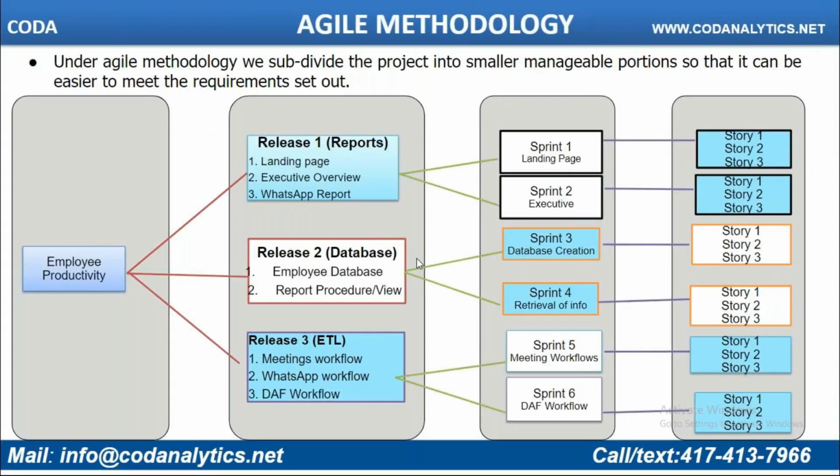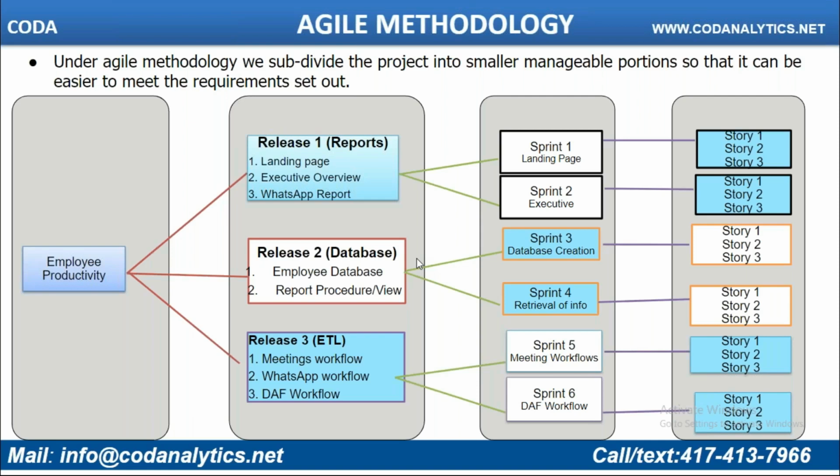The next part is the methodology. We normally have different methodologies when dealing with any task, activity, or project. We have the agile methodology and the waterfall methodology, and we apply those in different aspects depending on the kind of project you are working on.